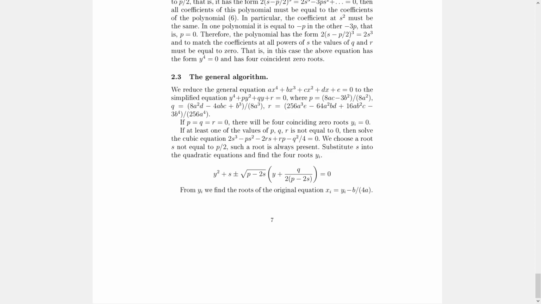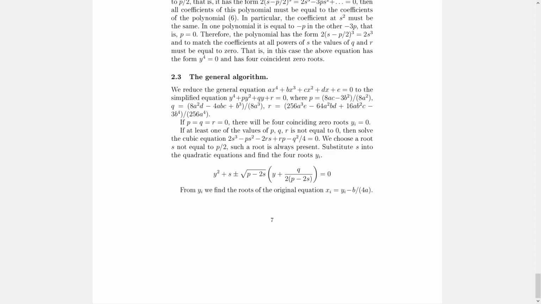We choose a root s not equal to p divided by 2. Such a root is always present. Substitute s into the quadratic equations and find the 4 roots: y squared plus s plus or minus the square root of p minus 2s multiplied by y plus q divided by 2 times p minus 2s equals 0.